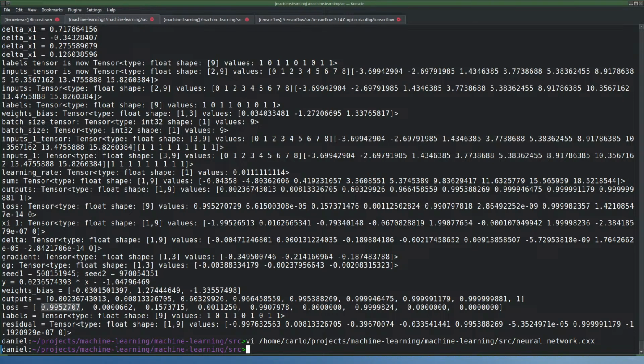Okay, so it's more like this isn't a residual. Oh, of course it is.